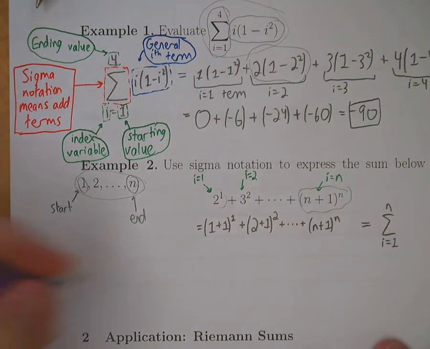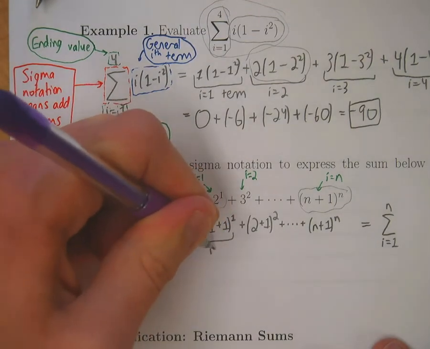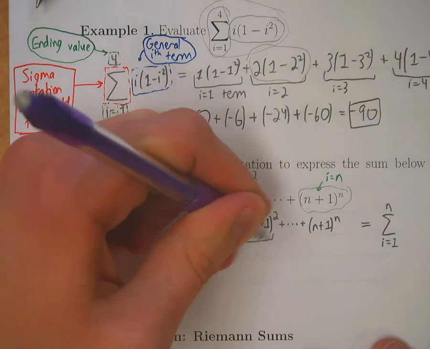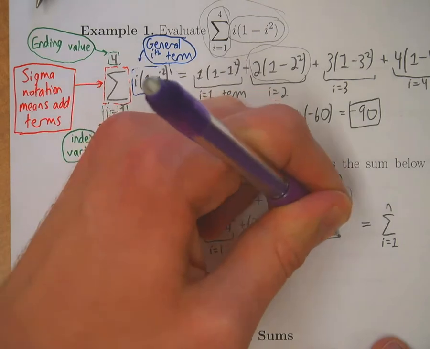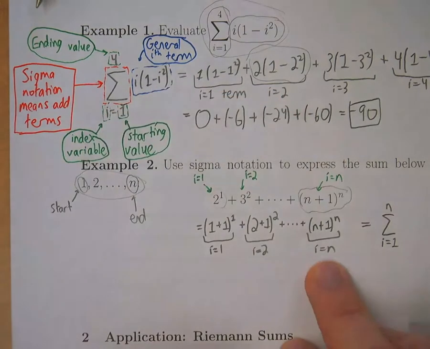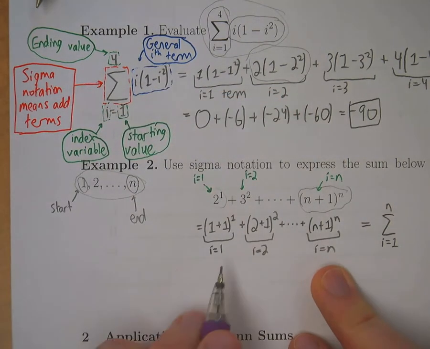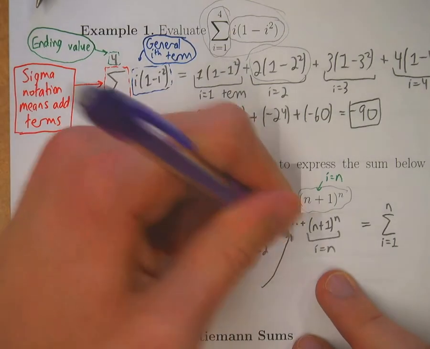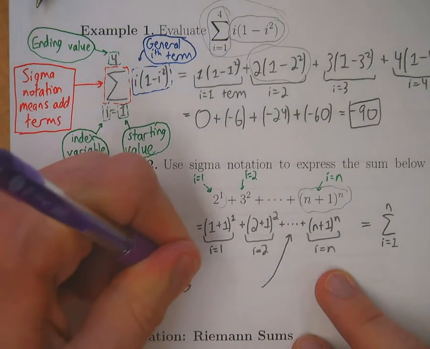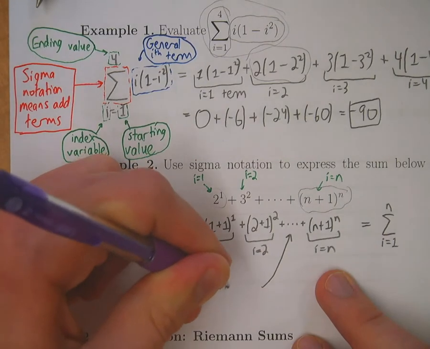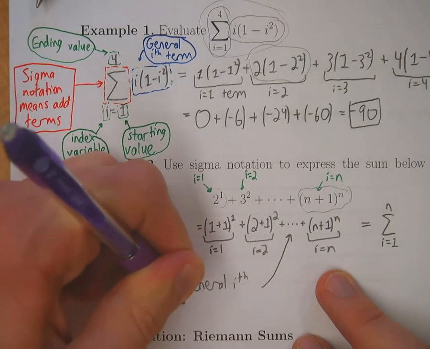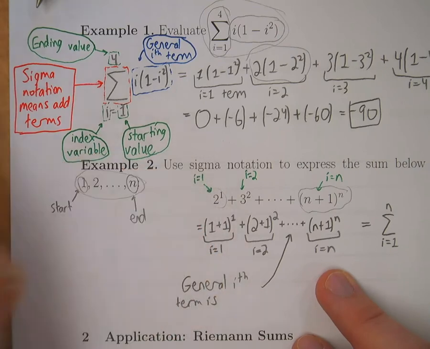So in this case, this is the i equals 1 term. This is the i equals 2 term. And this is the i equals n term. So if we take a look at each of these terms here, what would that tell us about what the general ith term is? Okay.